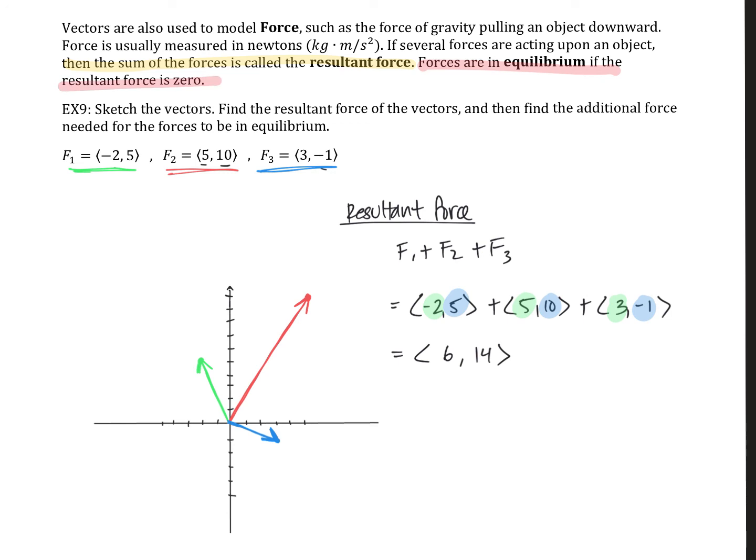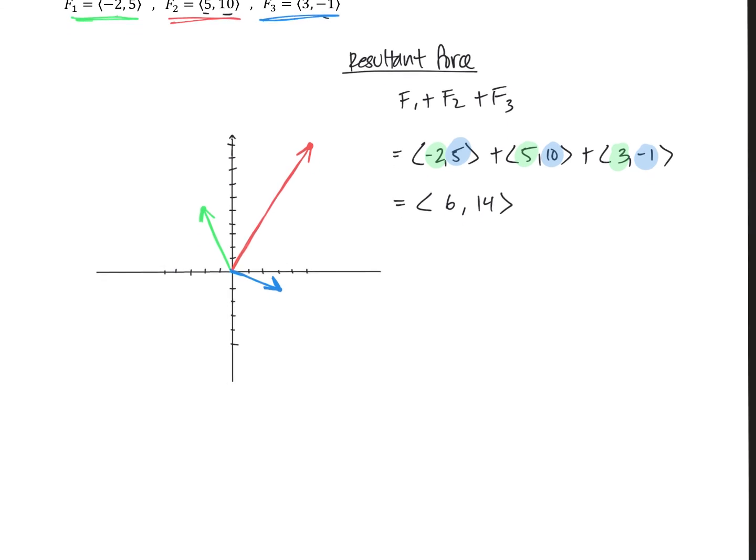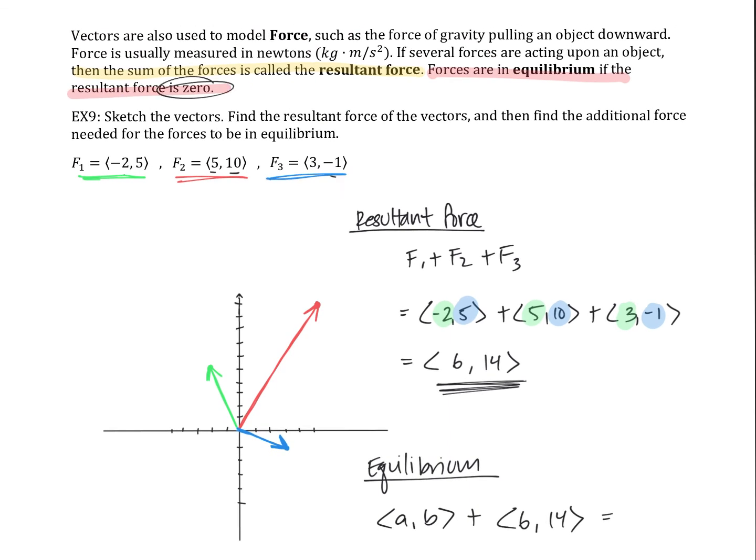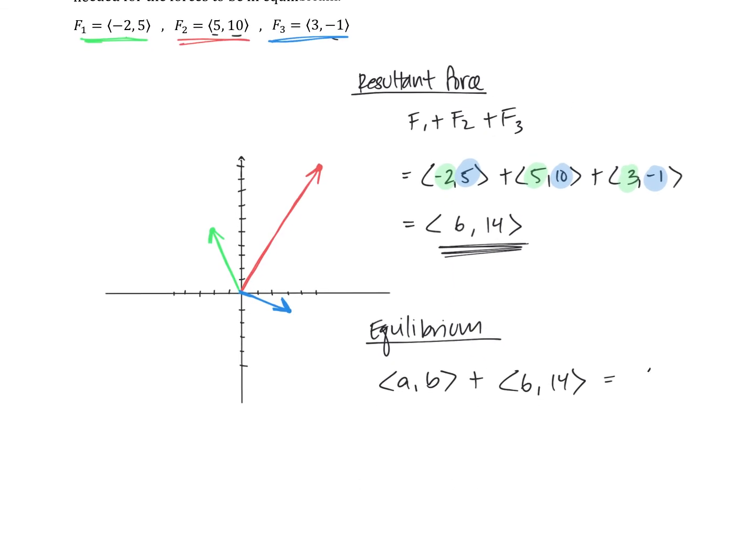So we need to figure out some value <a, b> such that when I add it to the resultant force, <6, 14>, I end up with a force of 0. So the answer should become a 0.